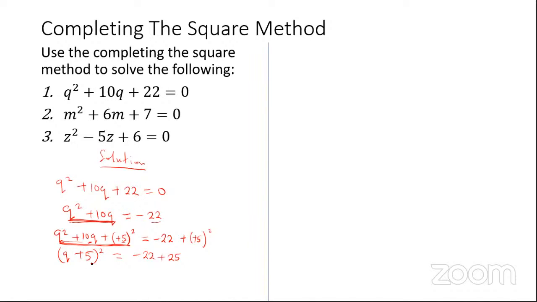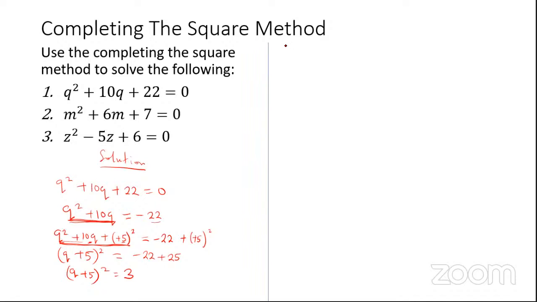So from there, what do we do? We have q plus 5 squared equals minus 20 plus 25, to give us 6. So from what we did last week, when you have something of this nature, what do you do? You find the square root of both sides.